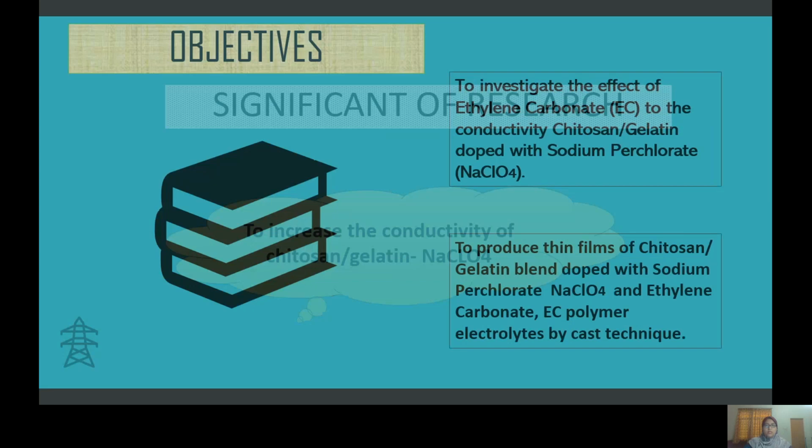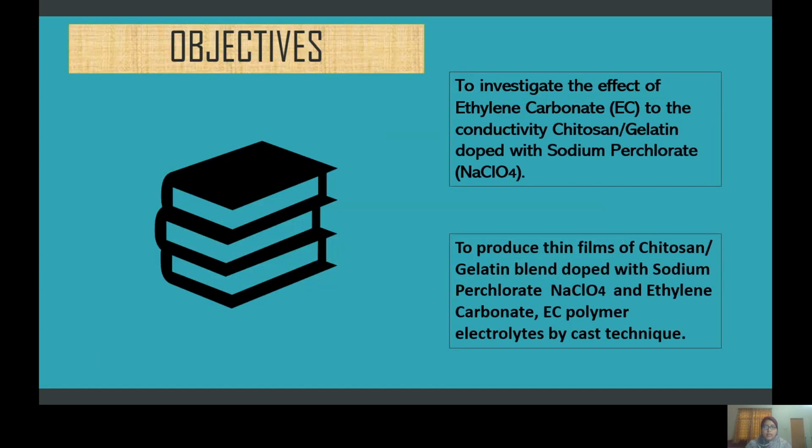In the objective, first, to produce thin film of chitosan gelatin blend doped with sodium perchlorate NaClO4 and ethylene carbonate EC polymer electrolyte by cast technique. Second is to investigate the effect of ethylene carbonate to the conductivity of chitosan gelatin doped with sodium perchlorate NaClO4.